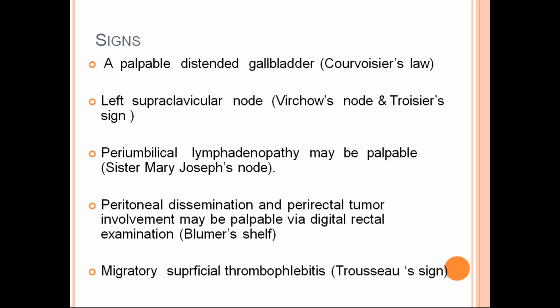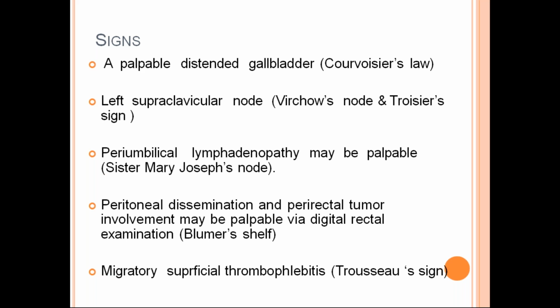Because if there is a stone in the gallbladder, it leads to inflammation, and anywhere inflammation occurs, it leads to fibrosis, so the gallbladder will not be distended in these cases. There are some exceptions to this law, but in general, a distended gallbladder in a jaundiced patient means we have to look for periampullary carcinoma.